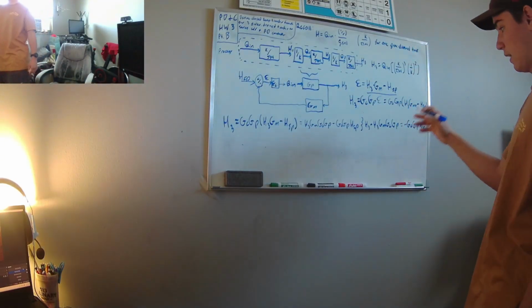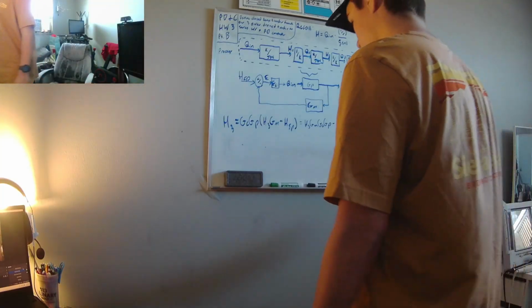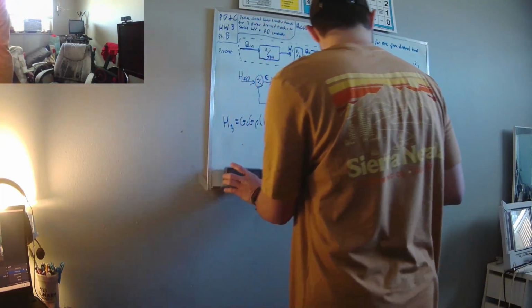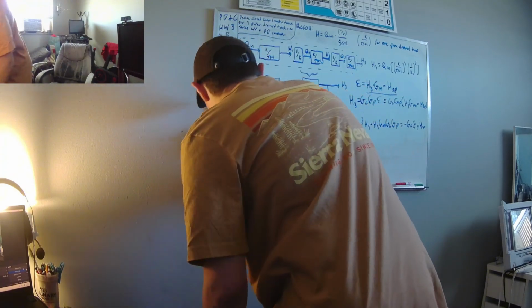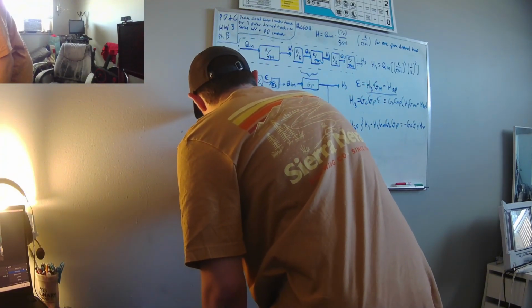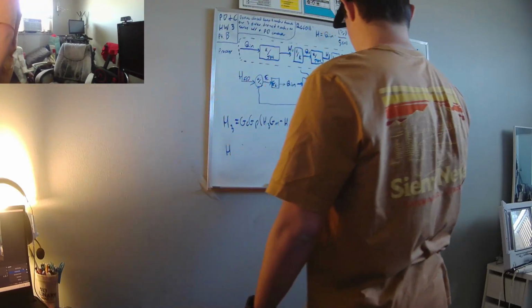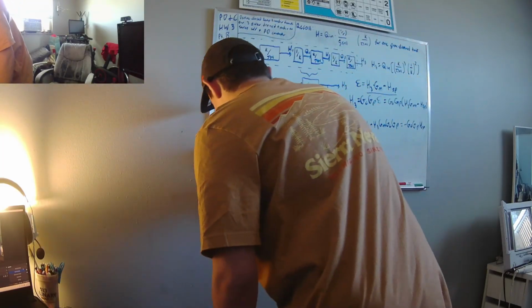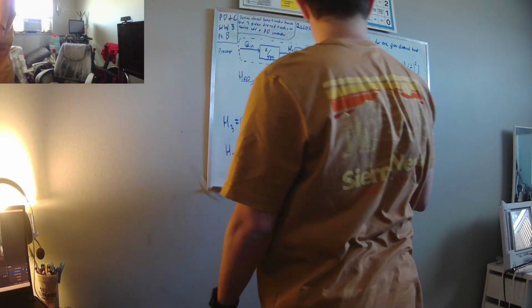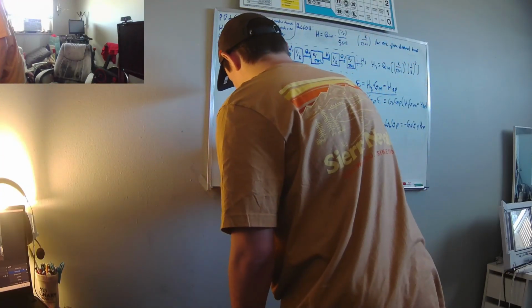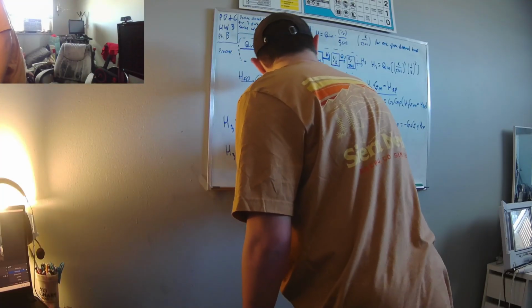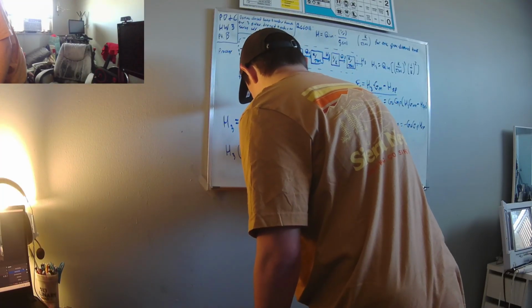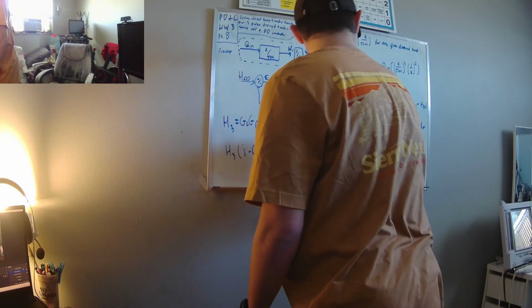Then, isolating our H3, we can get H3 times 1 minus GM GC GP.